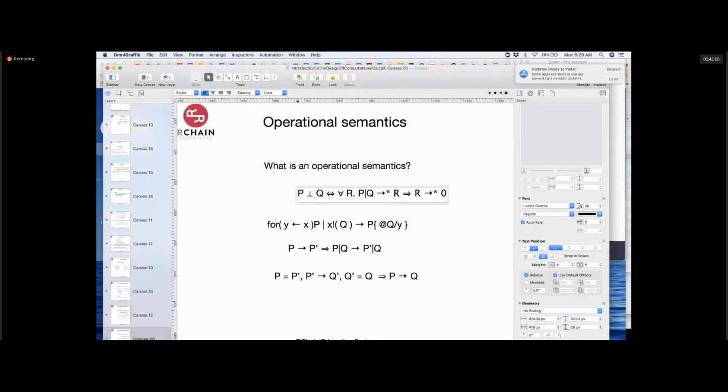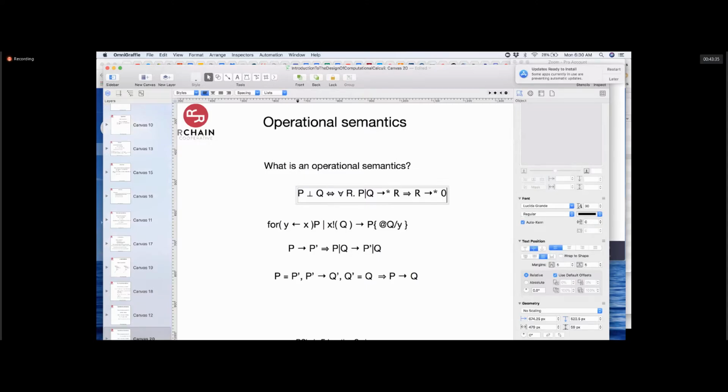Does everyone follow that relationship? Sorry, can you guys hear me? Yeah. Okay. So P annihilates Q if, when you run them in parallel, if they ever reach any state at all, then that state reaches 0 in some number of steps.